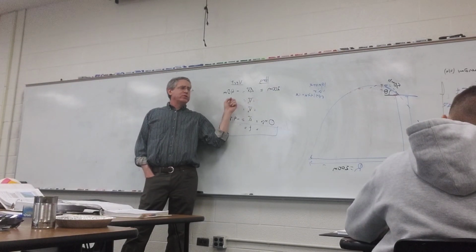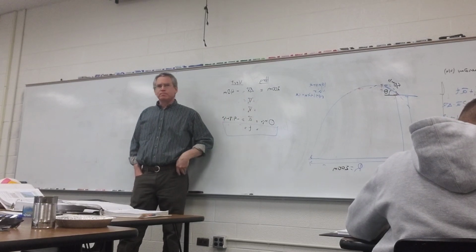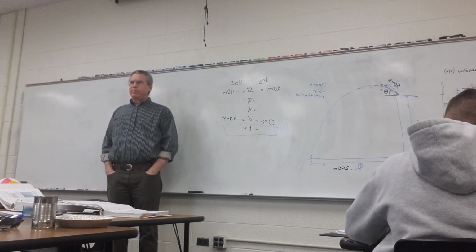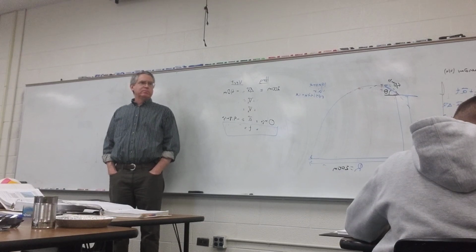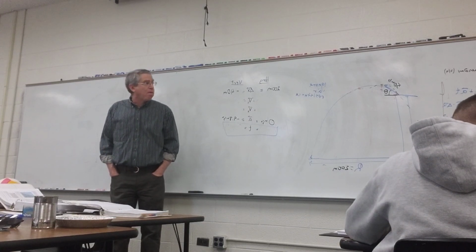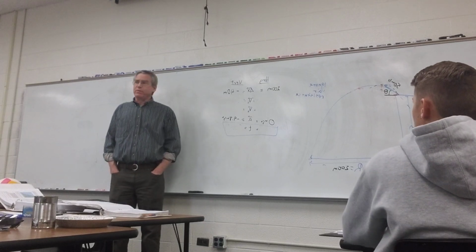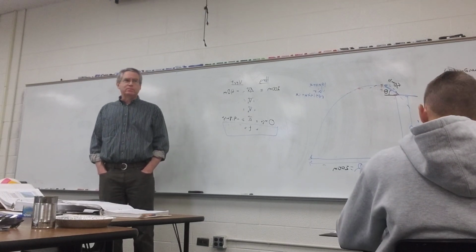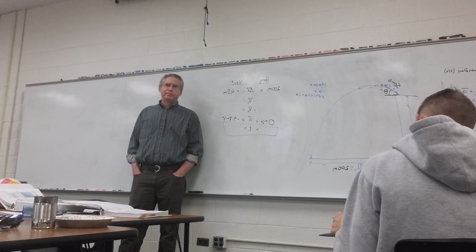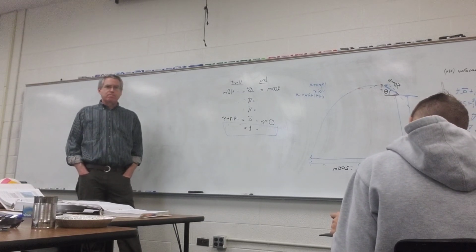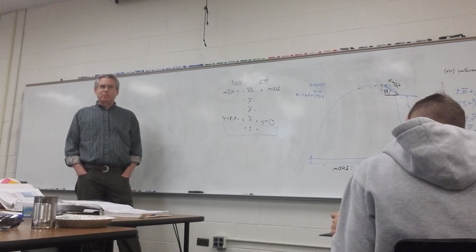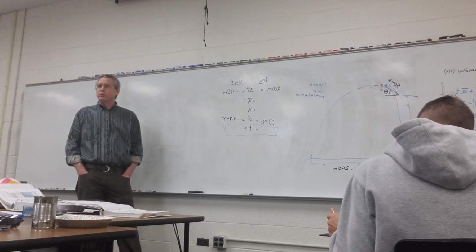What are the initial horizontal and vertical velocities? Horizontal is 50 meters. Sorry? Is vertical 50? No, vertical is not 50. What did we do last time to figure out horizontal and vertical?